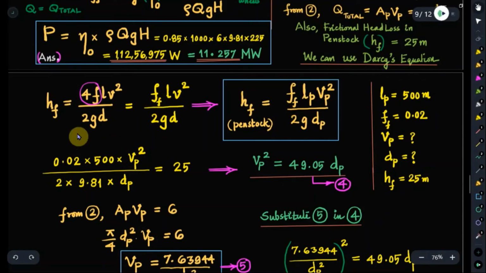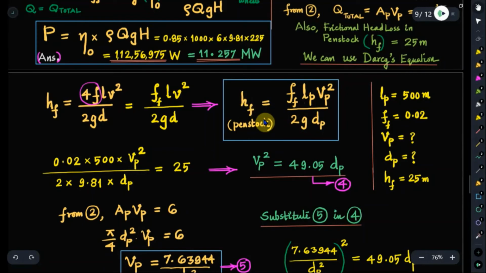When you apply Darcy's equation to flow through the penstock, we can represent it like this: Ff, the friction factor, that is 4 times Darcy's coefficient of friction, multiplied by the length of penstock pipe Lp. Vp is the average velocity of flow through the penstock, Dp is the diameter of the penstock and g is the gravitational acceleration.